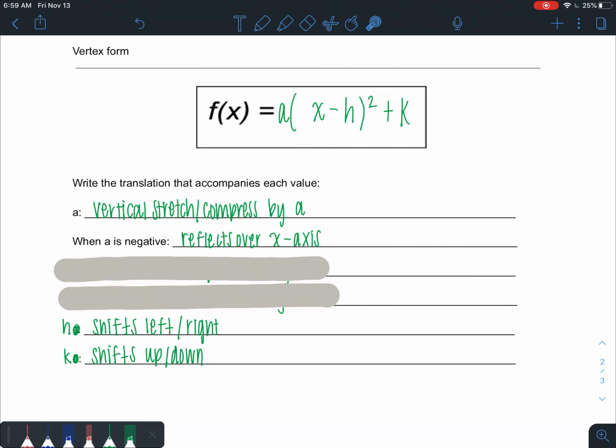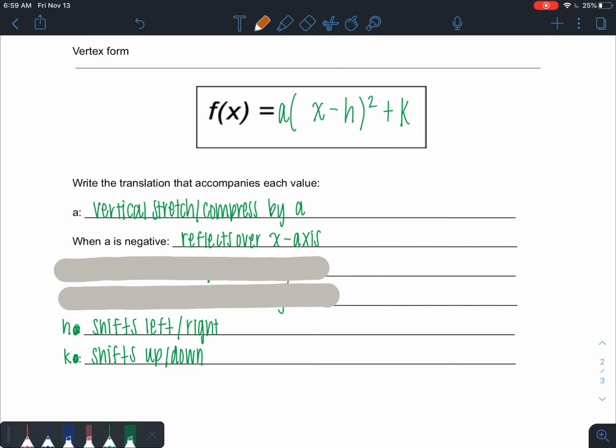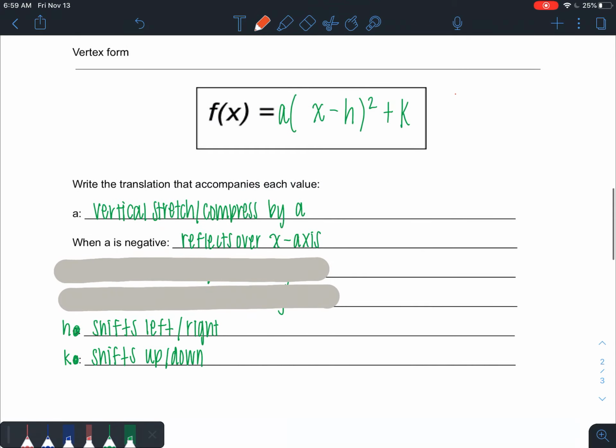a is a vertical stretch or compression by a, and then it's going to reflect over the x-axis if it's negative, and then h shifts it left or right, and k shifts it up or down. And we remember seeing this because we had an equation that was like a f of x minus c plus d.